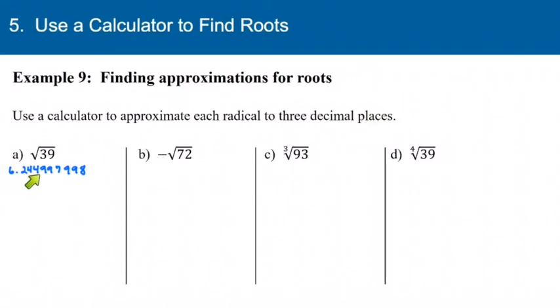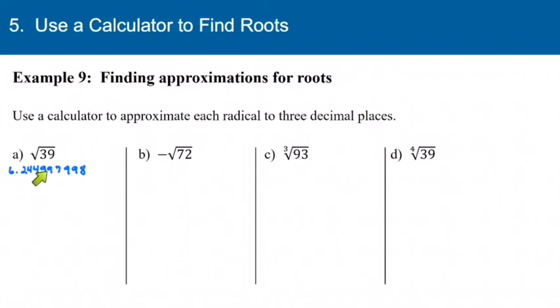And of course the instructions say round to 3 decimal places. So the third decimal place is the 4. So we'll have to decide whether this stays a 4 or whether it gets rounded up to a 5. So you look at the next digit that you're not going to keep. The next digit is a 9. Anything 5 or up will cause this number to get rounded up. Anything that's below a 5 will mean this number stays the same.